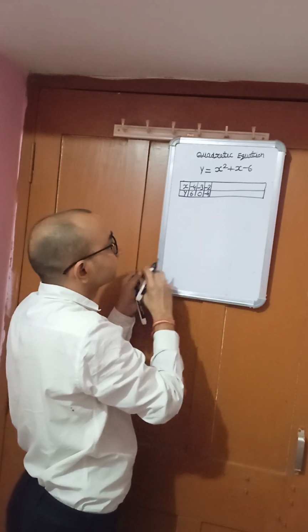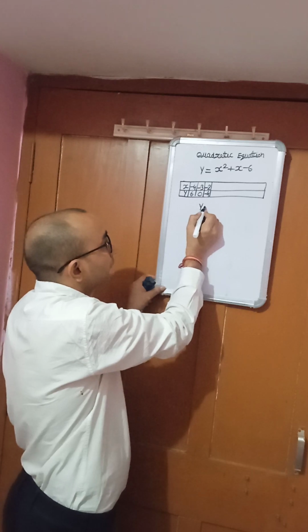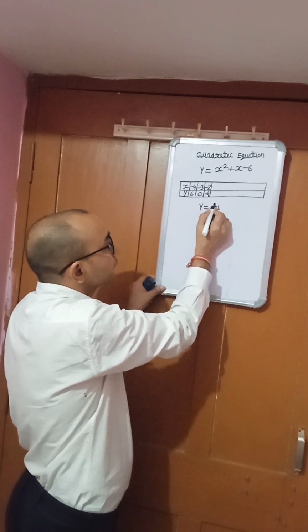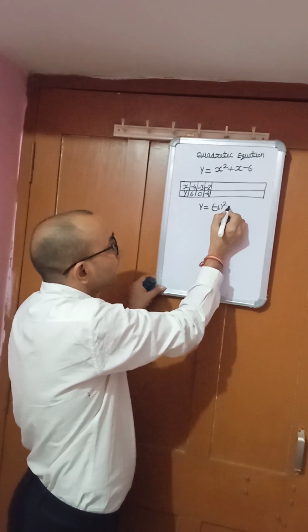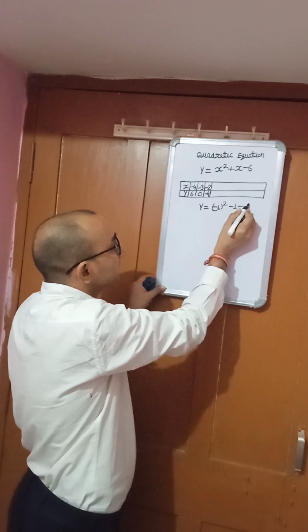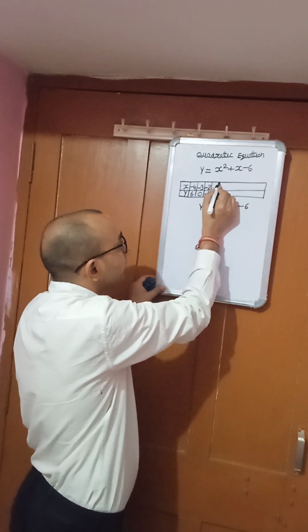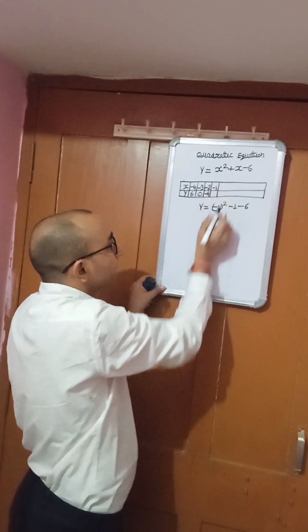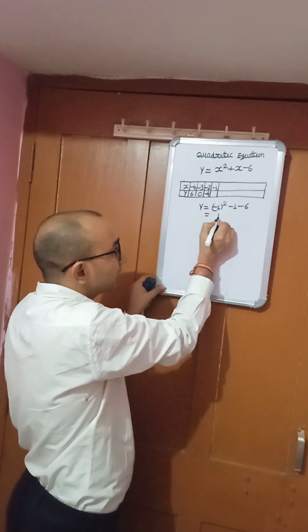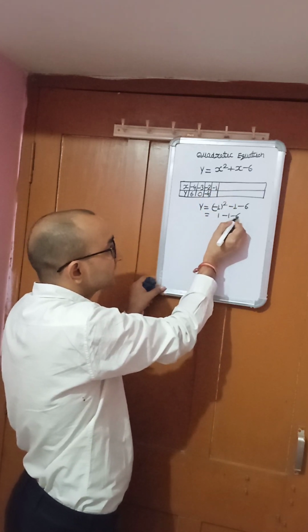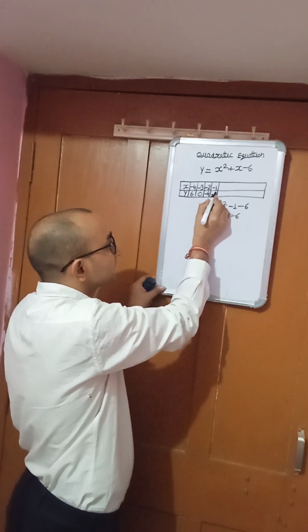Y equals minus 1 whole square plus minus 1 minus 6. If we put minus 1 here, then this is 1, minus 1 minus 6 cancels, means minus 6.